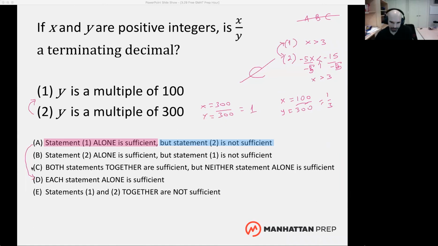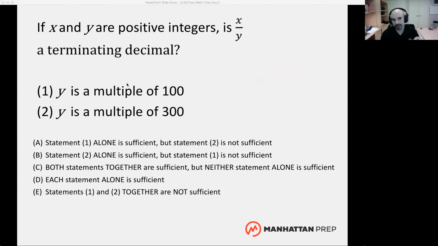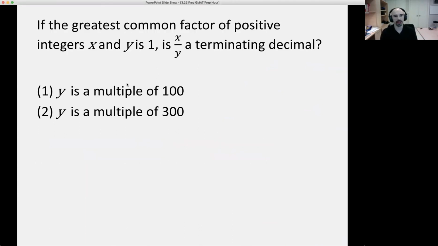Okay, cool. Let's look at a variation on this data sufficiency question. At first glance, it'll seem identical, but there is a small difference, which hopefully you will notice.